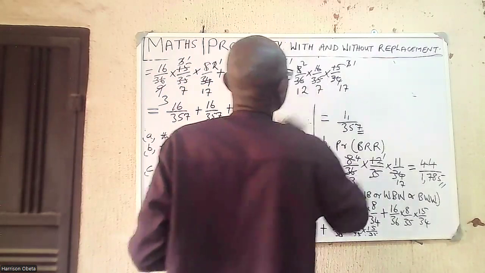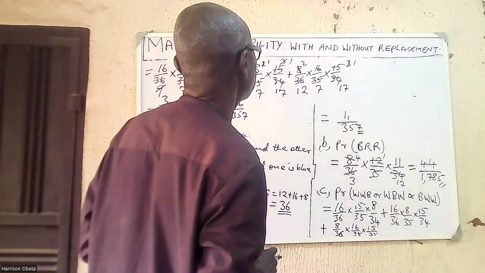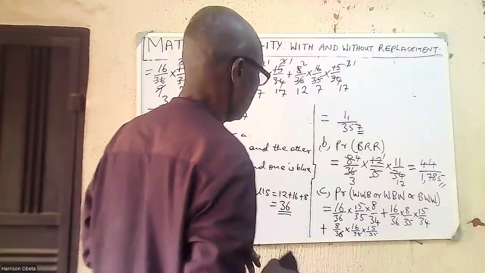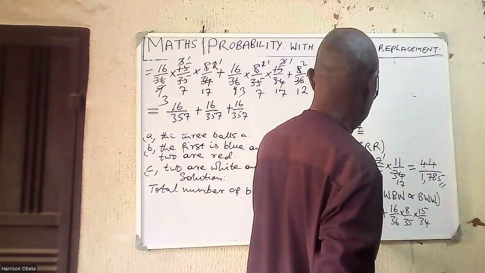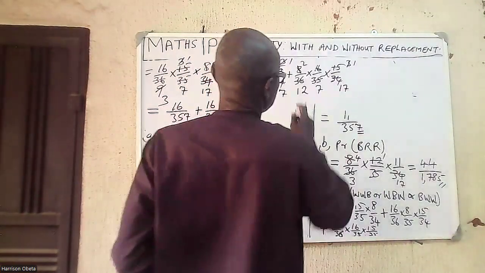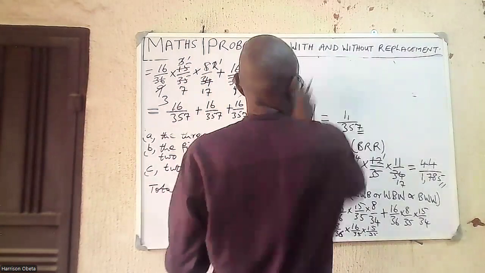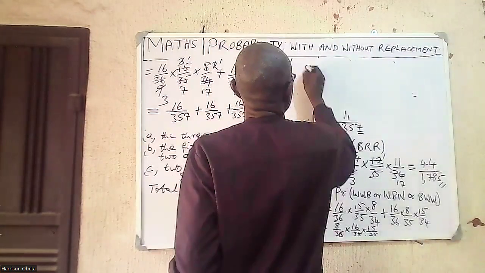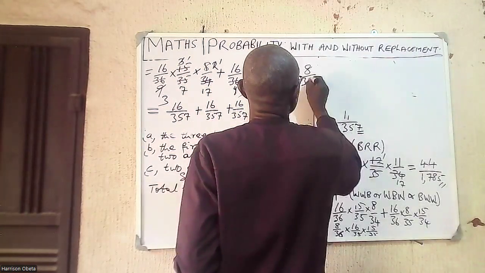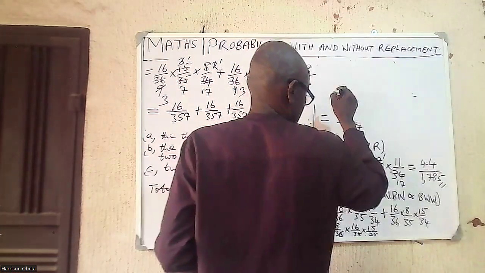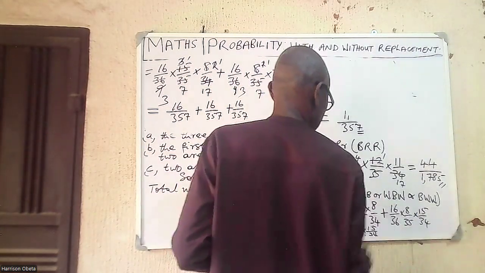I think there's something missing there. 35, 36, 34, 8, 16, 15. Let me write it again. We have 8 over 36. Okay, there's a mistake. This is 4 and not 5.